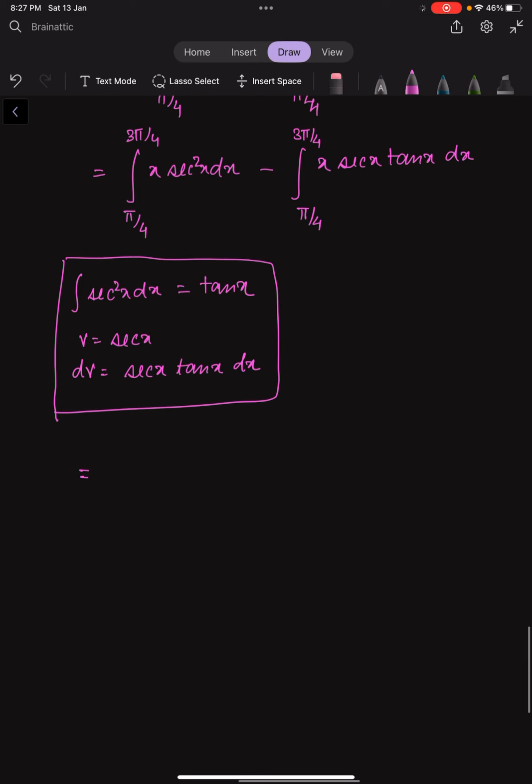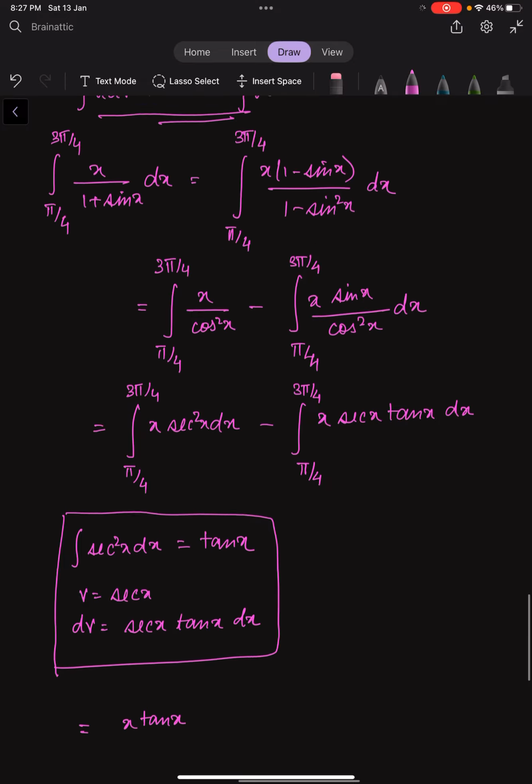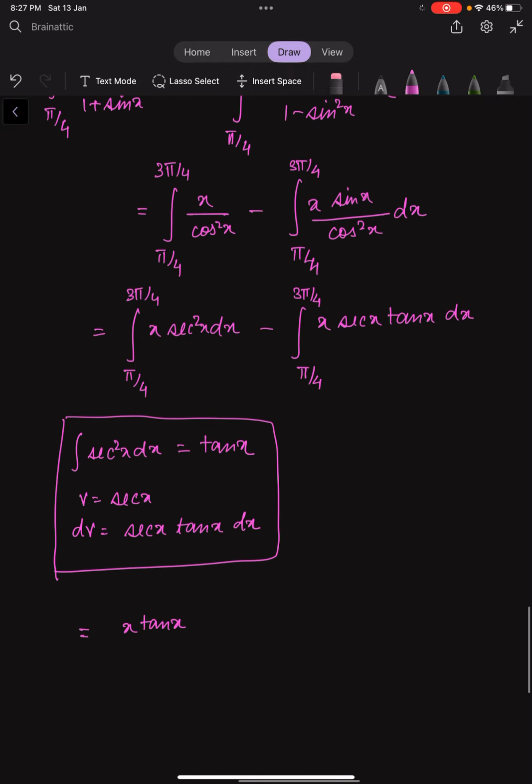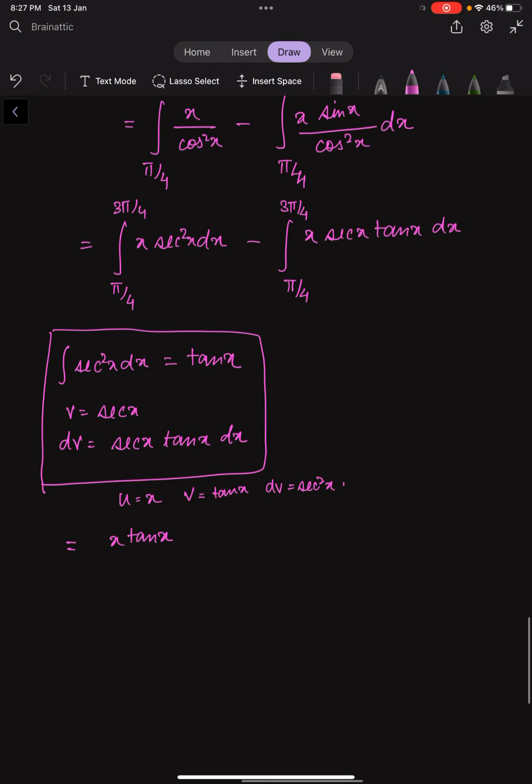So we'll be splitting. Now we will have x tan x. For the secant square x term, we have taken x as u for the first expression, and v is tan x, because dv is secant square x dx.